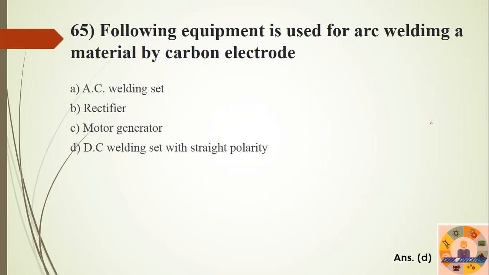Next question is, the following equipment is used for arc welding of a material by carbon electrode: option A AC welding set, option B rectifier, option C motor generator, and option D DC welding set with straight polarity. So here it has been said the electrode is carbon, and we know it's a type of non-consumable electrode.